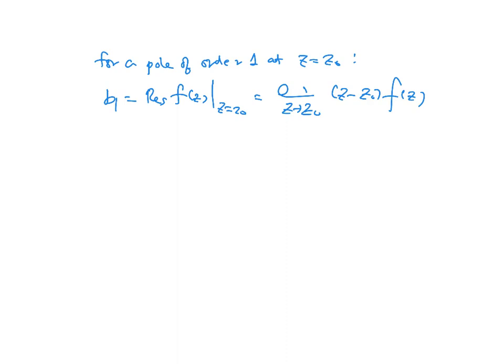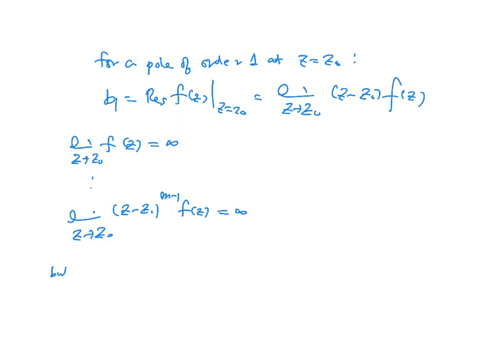And if it is still infinite but finite when multiplied by (z minus z0) to the m, then in this case it is called a pole of order m.